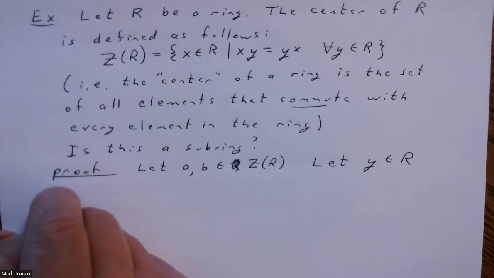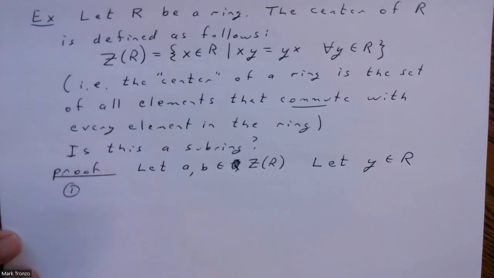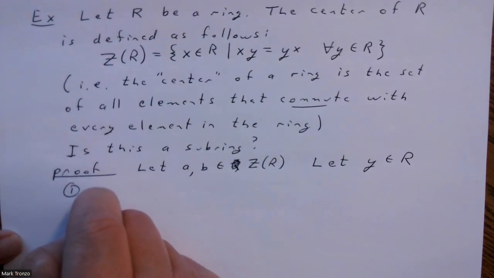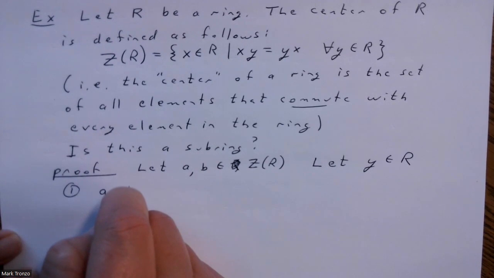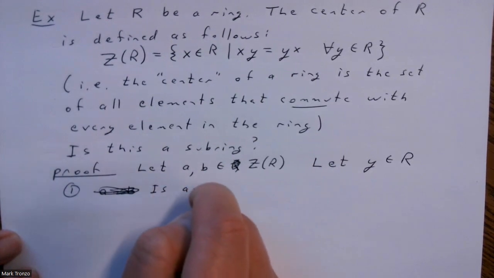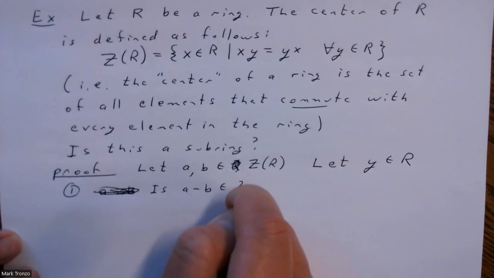So once again, let's go through our usual test. Let's start with A minus B. The question we're asking is, is A minus B going to be in the center?